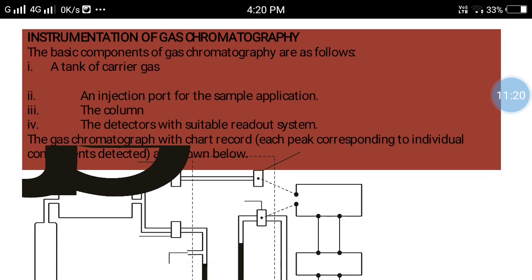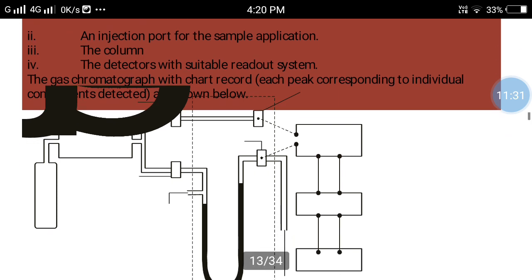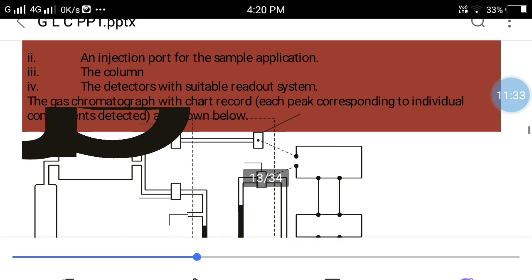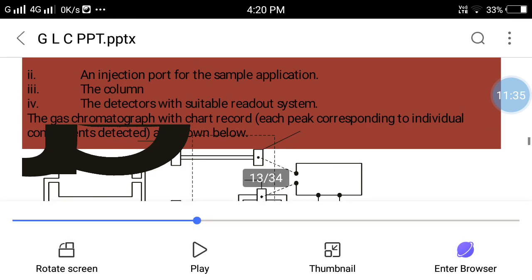Here is the instrumentation of gas liquid chromatography. The basic components of gas chromatography are as follows. The first one is the tank of carrier gas. Second is an injection port for the sample application. Third is the column.